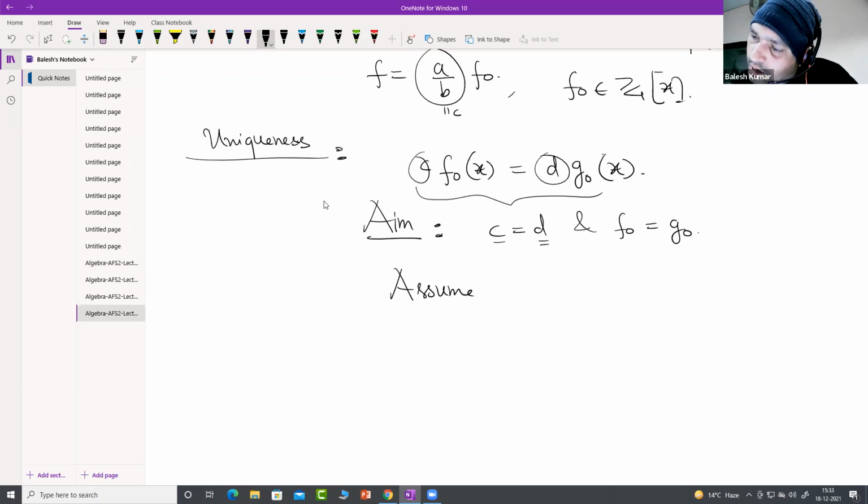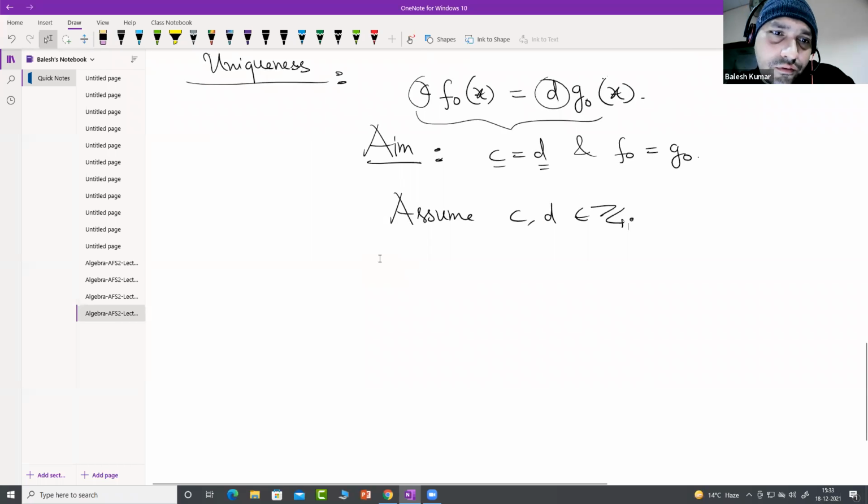So you can assume that c and d belong to the set of integers, and now you can start proving it. Can any one of you, say Shivani, Kishan or Bharat, sketch the proof?